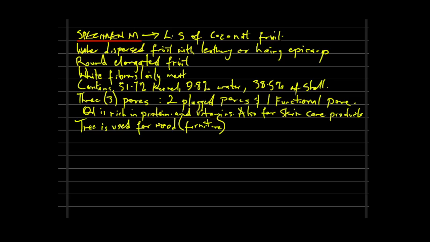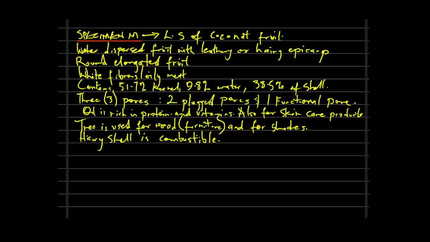It can also be used for shades: when we cut the branches of the tree, they can be woven together to form shades. Also, the hairy shell is combustible, which means you can use it to ignite fire. So those are the properties and the uses of specimen M.